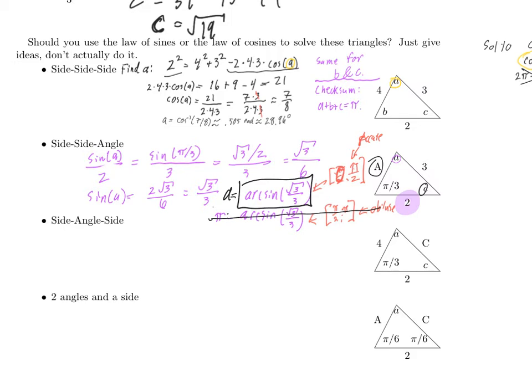So next, let's try to figure out how to solve a side angle side triangle. To determine this side length is straightforward. That's the law of cosines.